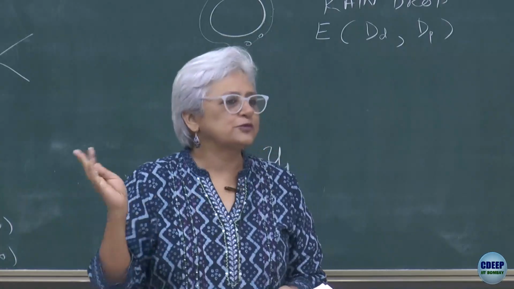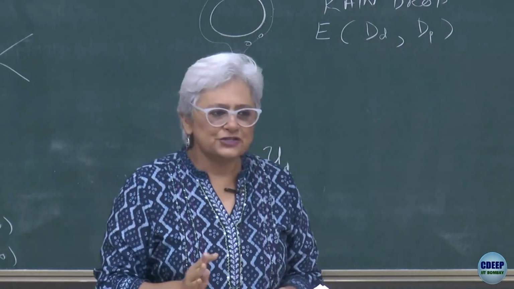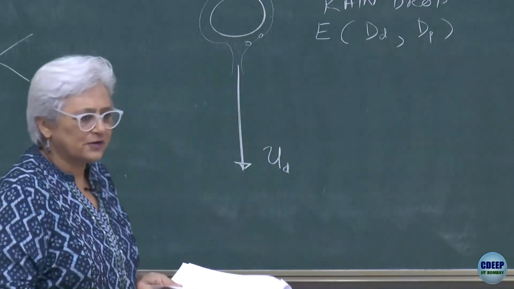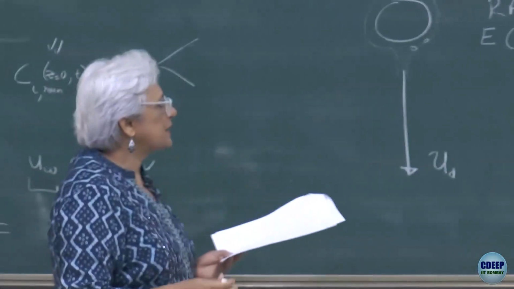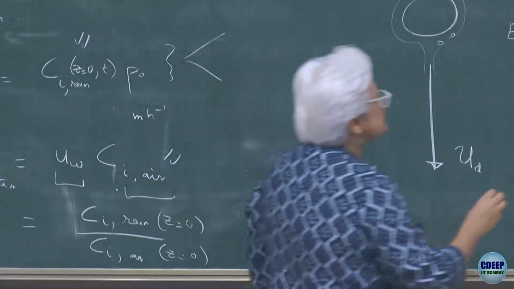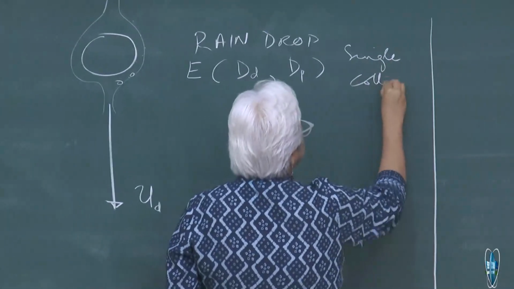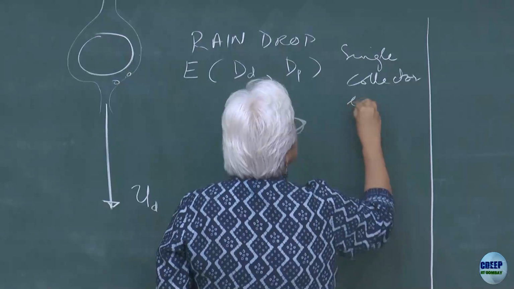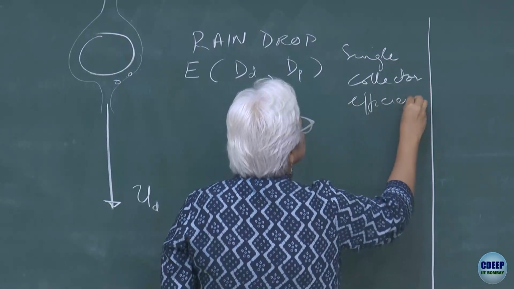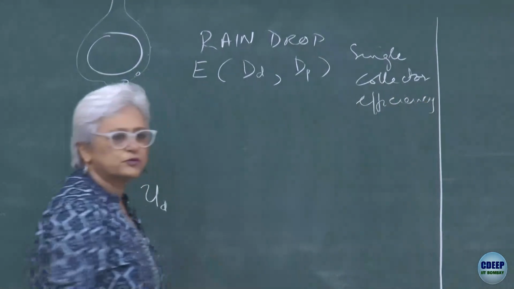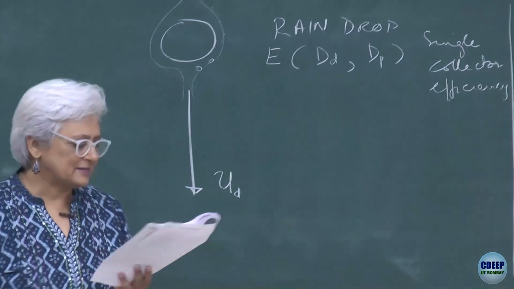We assumed there was a fluid velocity and there was a stationary collector and so on, right. So here now we have to define this single collector efficiency in terms of both the drop diameter and the particle diameter.